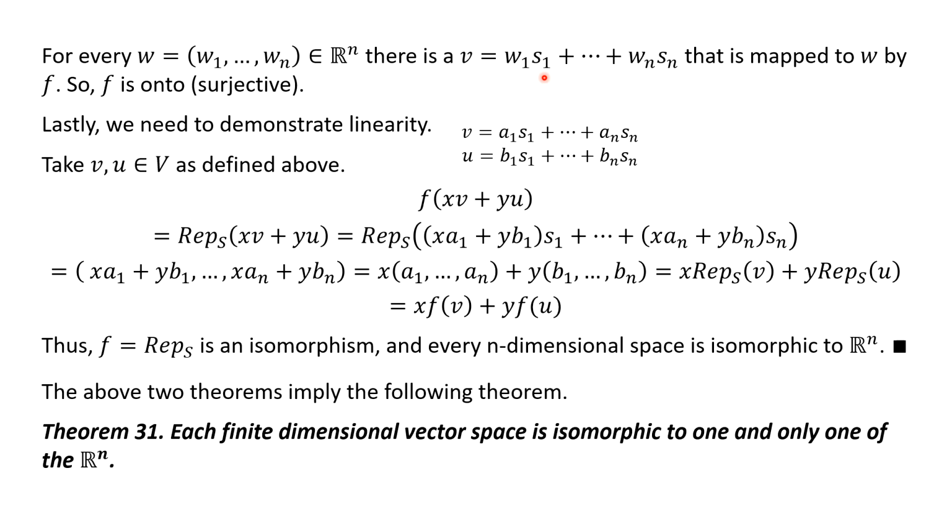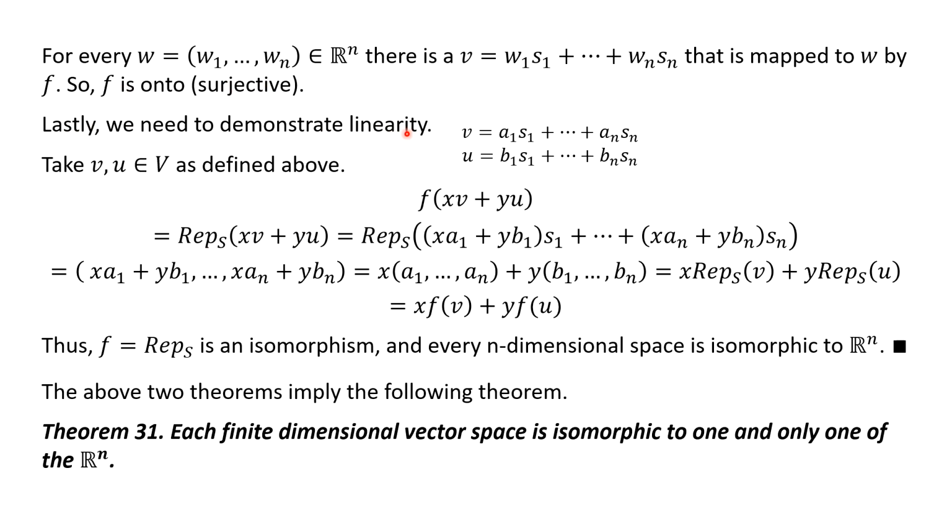To show that f is surjective, for every w equals w1, w2, all the way up to wn, an element of Rn, we can create a vector v that uses the w1 to wn as its coefficients in a linear combination of the basis vectors. And then by definition, v is mapped to w by our function f, and so f is surjective.